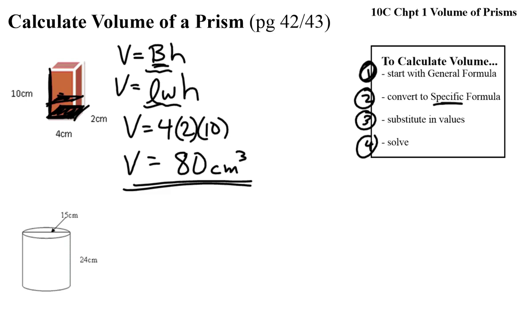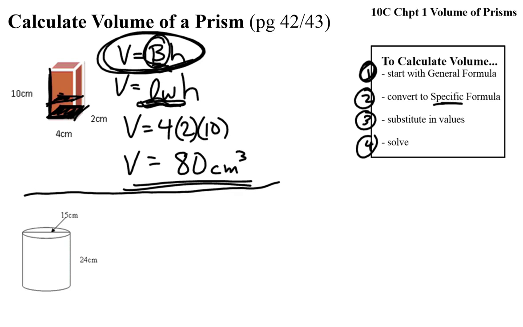Simple, nice and compact, not nearly as involved as surface area, as long as you remember a prism is big BH, and you need to convert the big B to whatever formula you're dealing with. So a cylinder, prism shape, we know we're dealing with big BH. What kind of base do we have? Well, it's a circle, like we just showed, stacked on top of itself over and over.